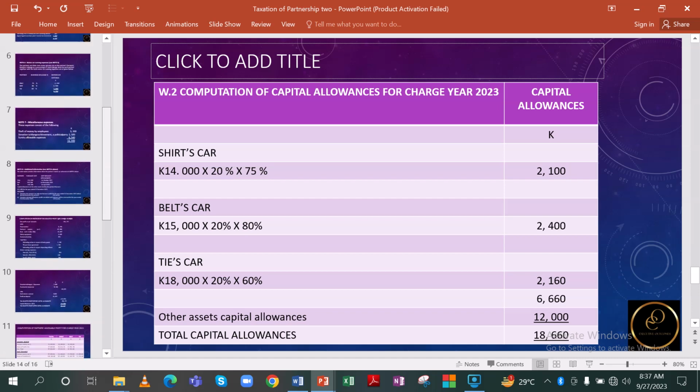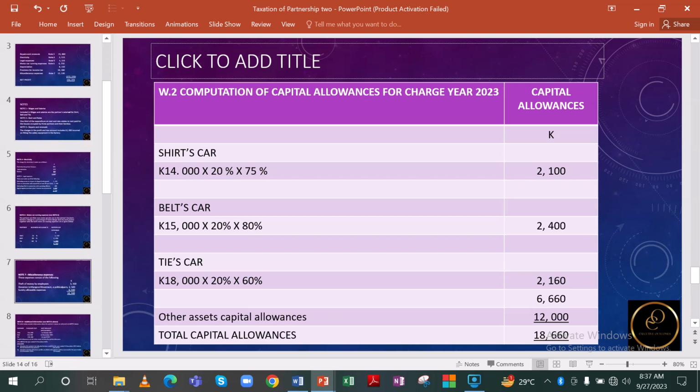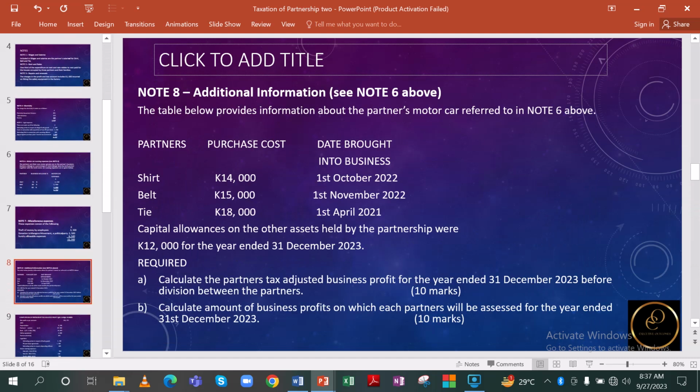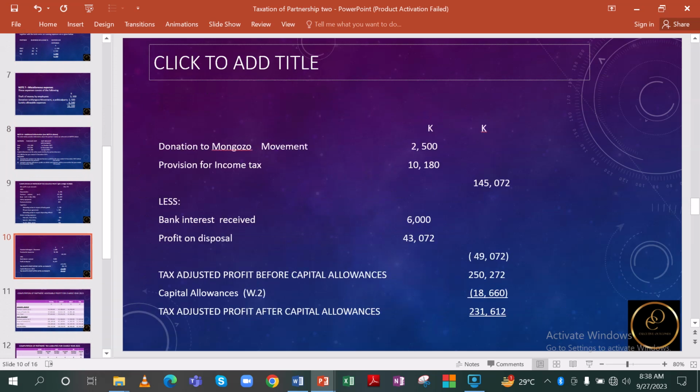The calculations for this were done on the face of the presentation which I made for this income. I didn't do a separate working, so let's look at how it was done.